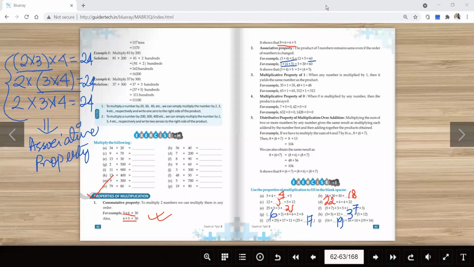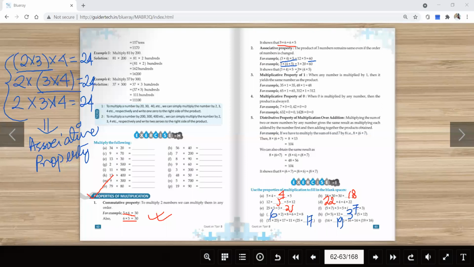Next, if you have completed, please raise your hand. Okay, 16 of you raised your hand.